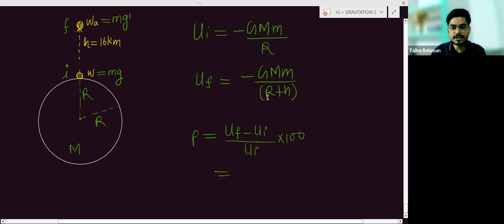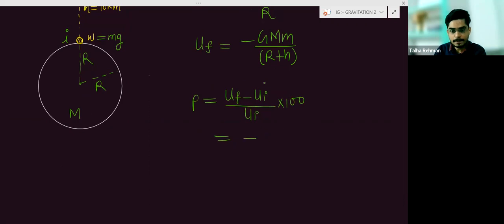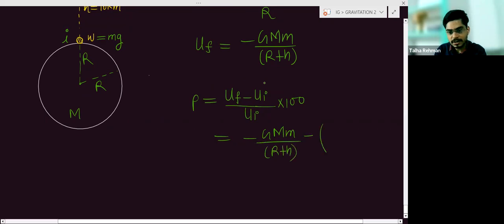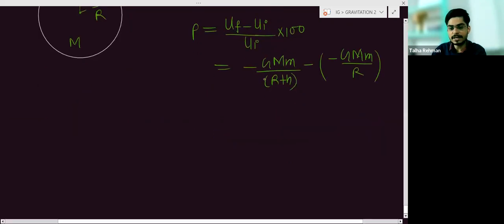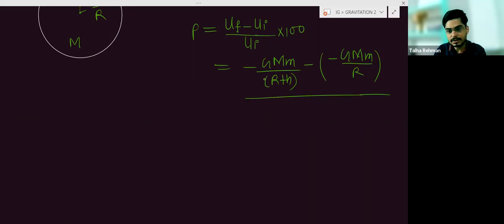So final potential energy is minus G into capital M into small m divided by r plus h, minus initial potential energy, minus GMm divided by r, all divided by initial. Initial is minus of GMm divided by r.